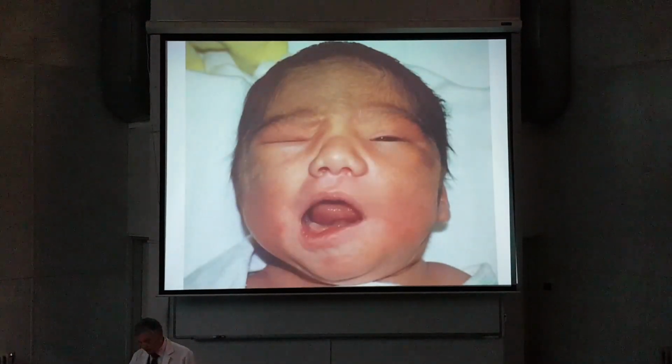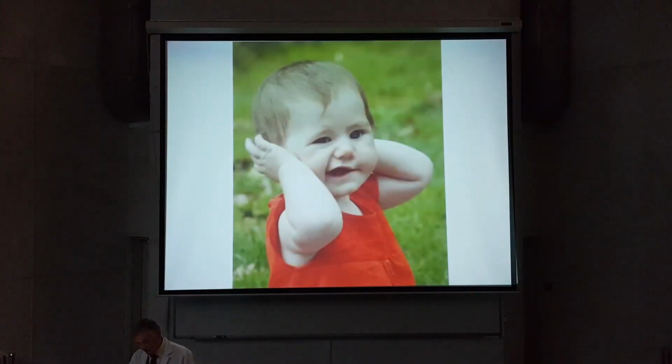This is a newly born baby, and you can see the difference in eye opened here, eye closed. The mouth is deviated towards the right, so there is a problem with the left muscles of facial expression.